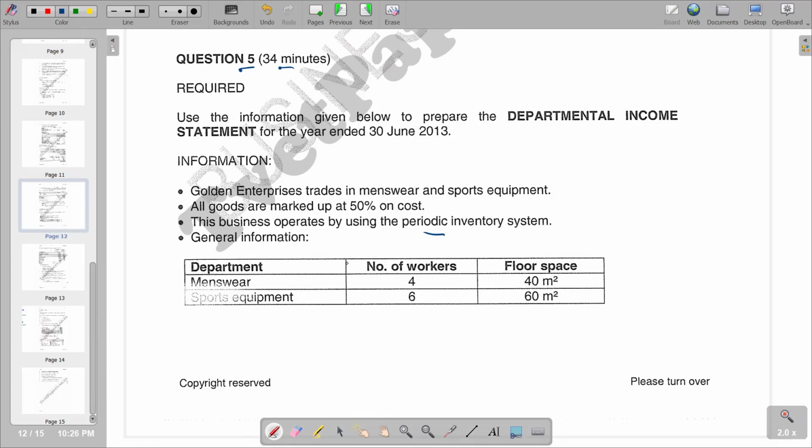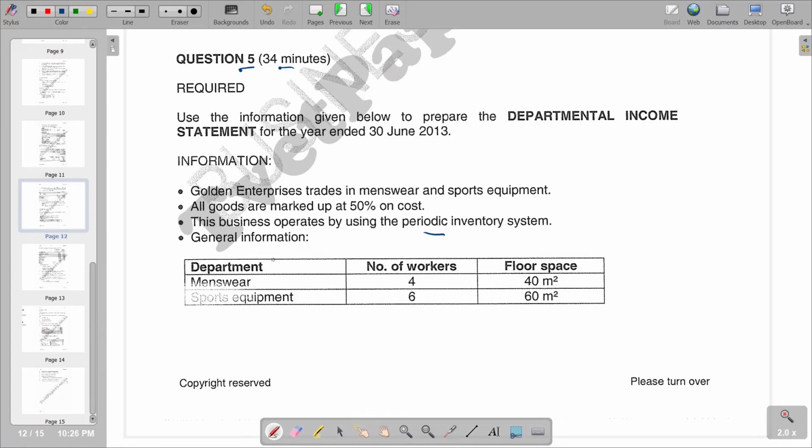Remember, in a periodic inventory system, when there's stock movement, we record that in the purchase account. In other words, when we receive stock, we debit the purchase account, which is different from the perpetual system, whereby any movement in stock is recorded in the trading stock account. So, in particular, we'll see that as we go with the question.